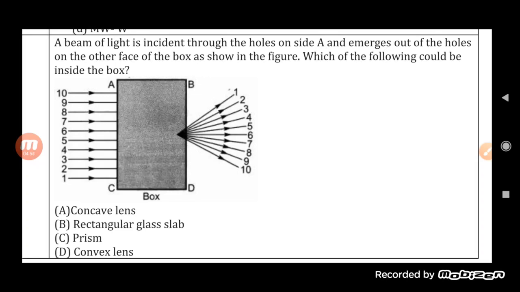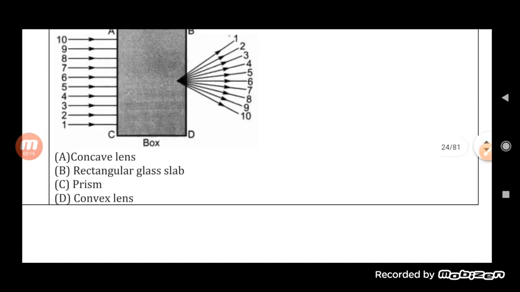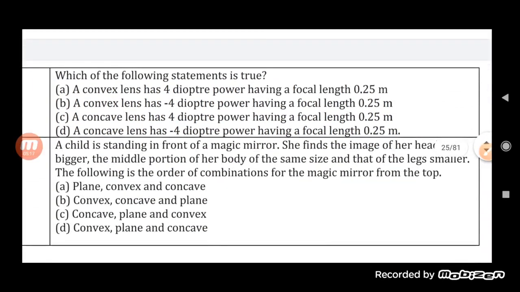So ultimately it will not be a rectangular glass slab or a prism, but it will be a concave lens, where the rays get diverged. So the correct option will be A only, where the divergence can be seen in the concave lens.